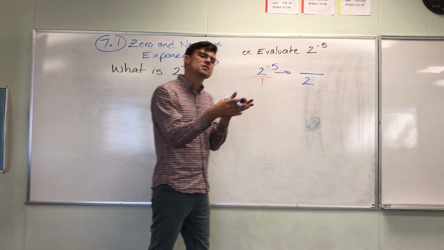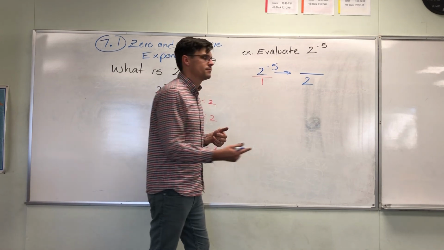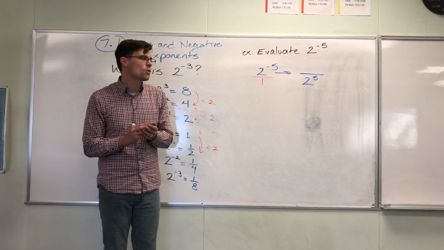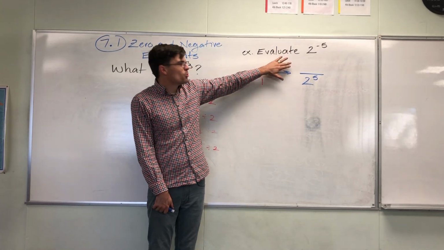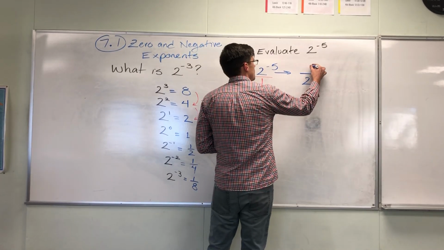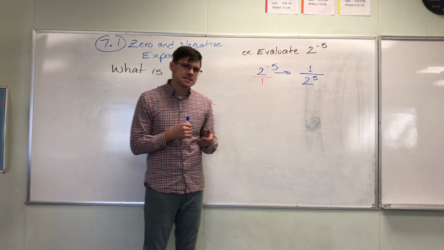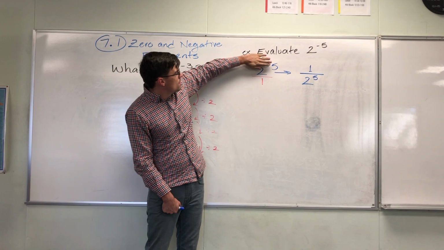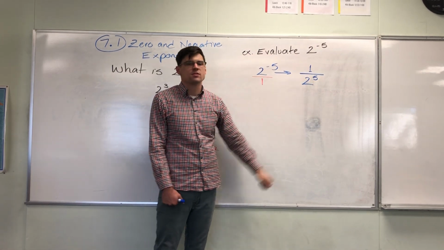And when we move it to the bottom of the fraction, the exponent is now positive. Because the numerator is now empty, I need a placeholder of 1. So what happens there is this negative exponent moved the power across the fraction, and now it's a positive exponent.